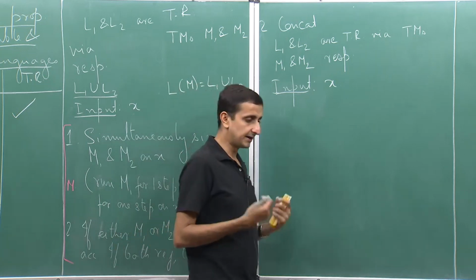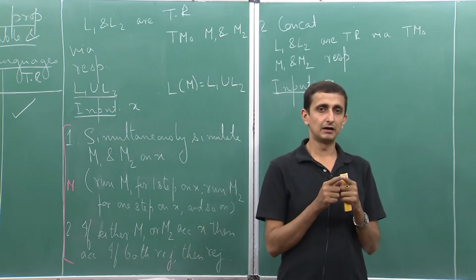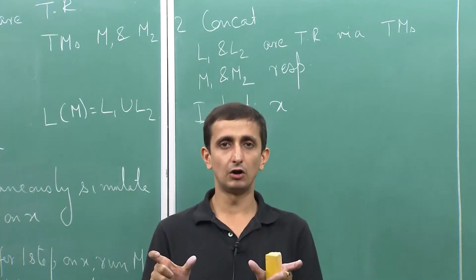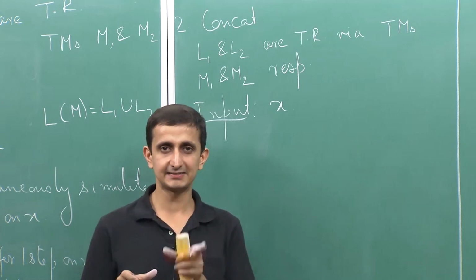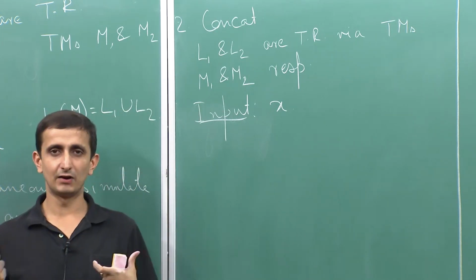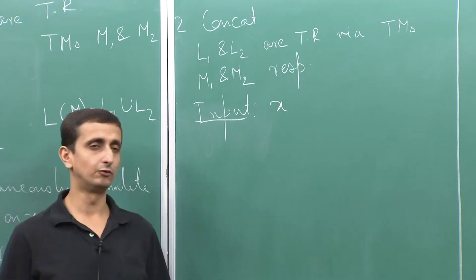So, the idea is how do I guess this dividing point of the string x, where x gets divided into two parts, let us say x1 and x2, such that x1 belongs to L1 and x2 belongs to L2.